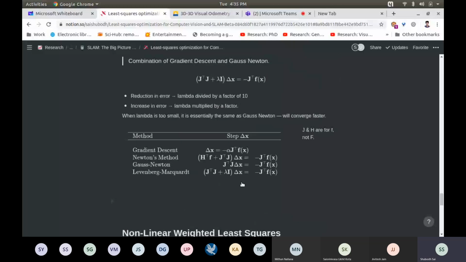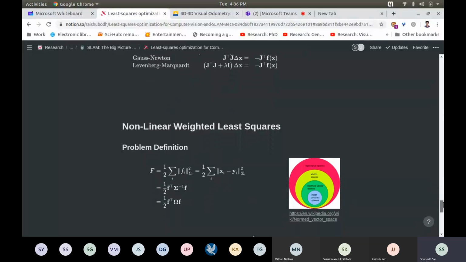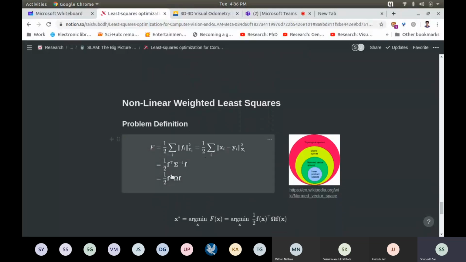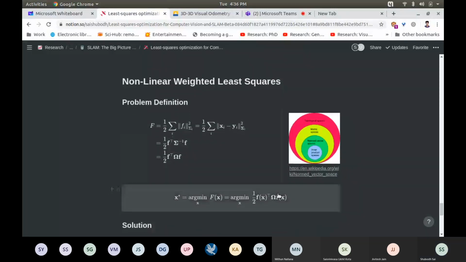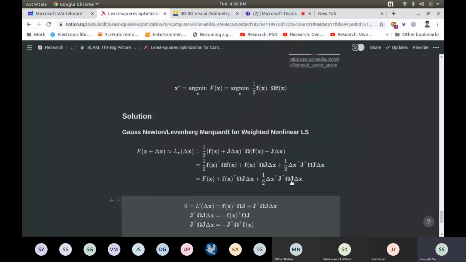That was the Hessian on my minimization function. If I want to write the Hessian in terms of your original function, you'll get this. You just have to put pen on paper, take a derivative. Then Gauss-Newton is where you approximate the Hessian as J transpose J. And then Levenberg-Marquardt is a combination of gradient descent and Gauss-Newton. That's all you have to know. And for weighted least squares, you have this additional thing here. By taking that also into account, you minimize.